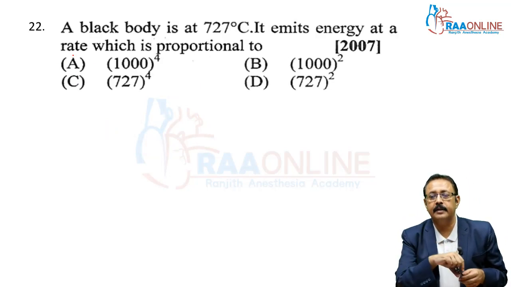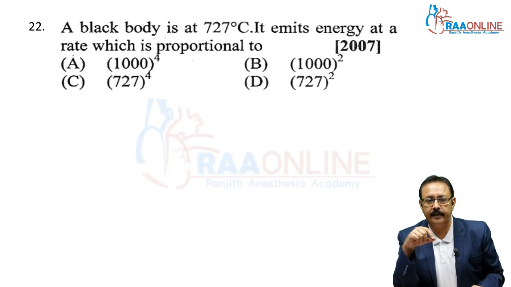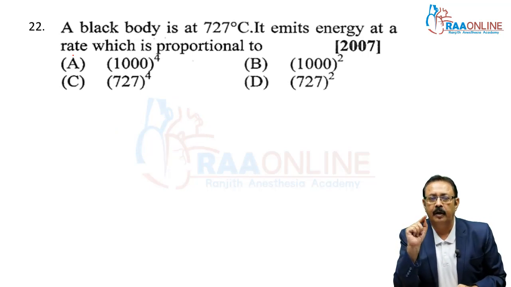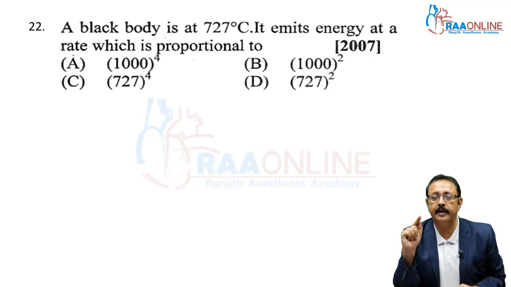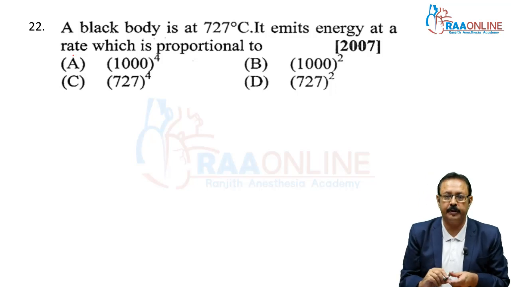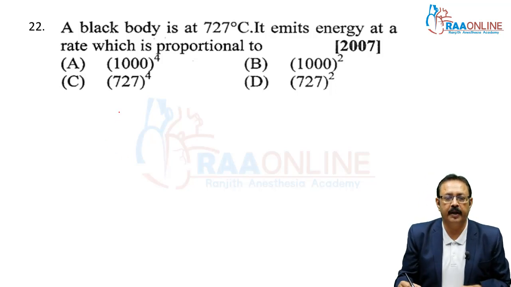Next, it is again from 2007, the same type of problem. A black body is at 727 degrees Celsius. It emits energy at a rate which is proportional to? We know that E is proportional to T raised to the power 4.